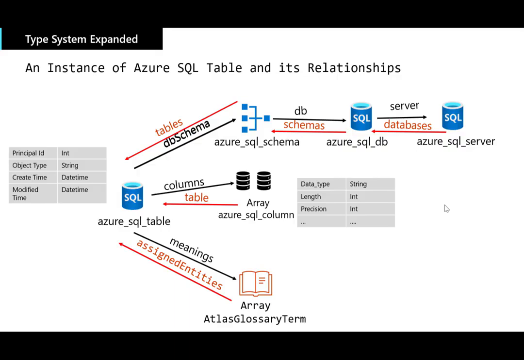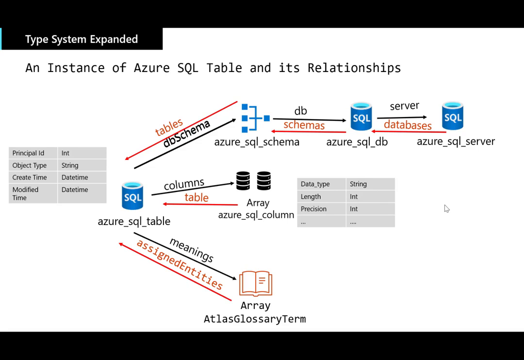Of course, those Azure SQL columns are going to have their own attributes and things that you can record about that column. So data type is a string, length is an int, precision is an int, etc. There's many other attributes on here that you can fill in for your custom implementations or what gets scanned from your Purview scans. You'll note that we have 2 arrows here.